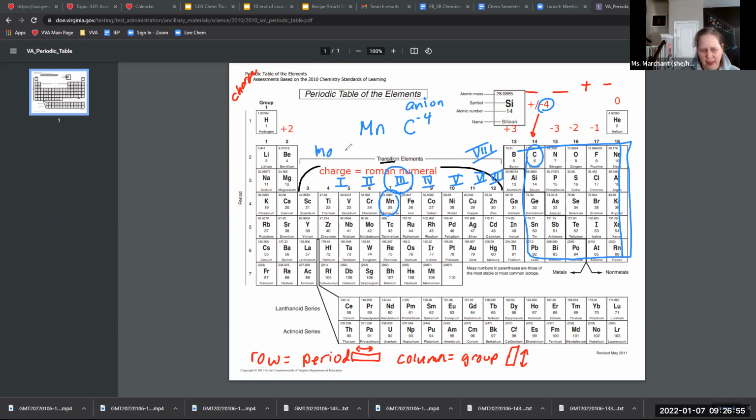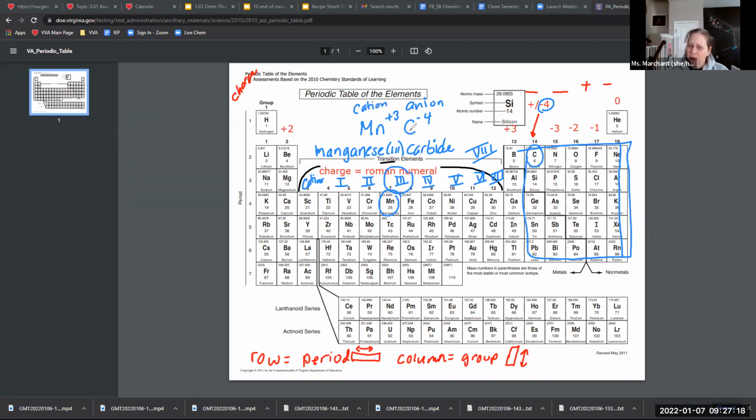So manganese 3 carbide is the compound that I'm making. Manganese has a 3 for a Roman numeral, so it's a +3 charge. These guys are always cations. Okay, your transition metals are always positive, so they would always go first.